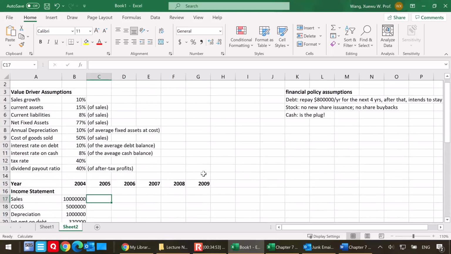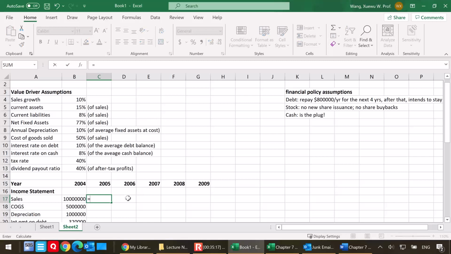All right, so watch me closely. This is where we're going to make use of the assumptions we made, and this is where I'm going to explain the notion of cash being the plug. Let's look at the sales here. In 2005, we know the sales is going to grow by 10%.